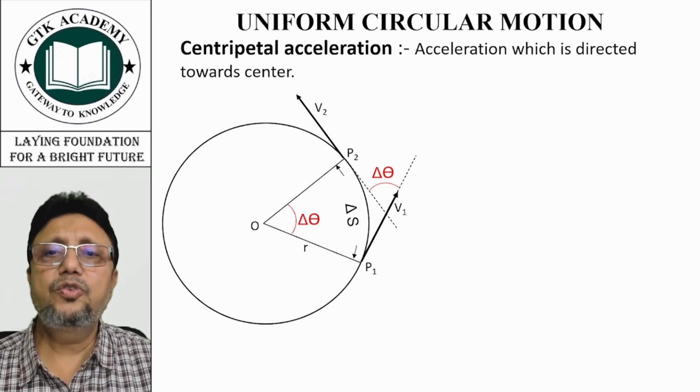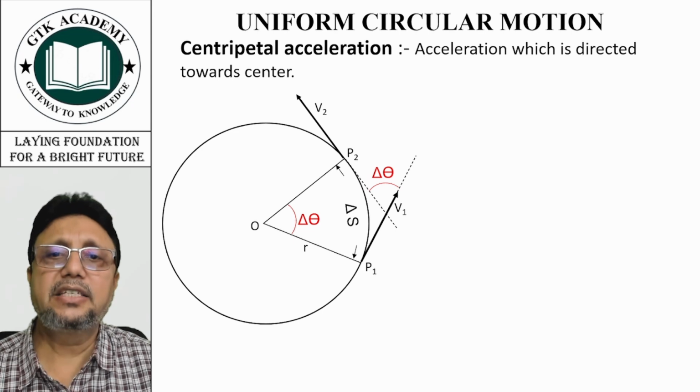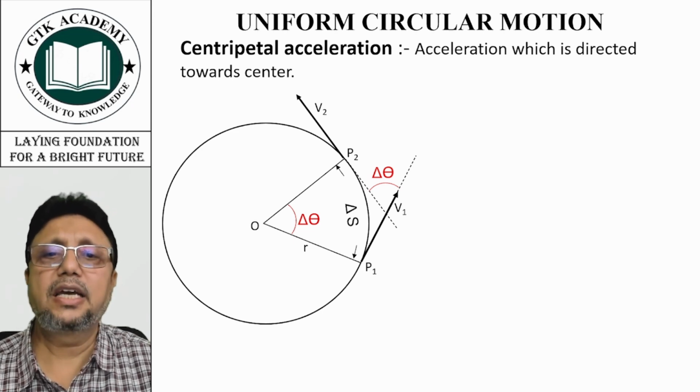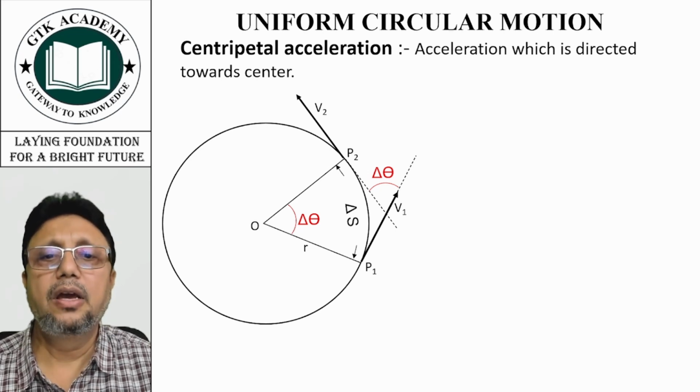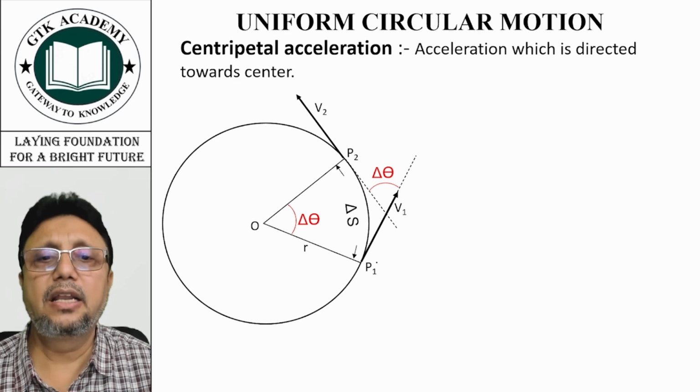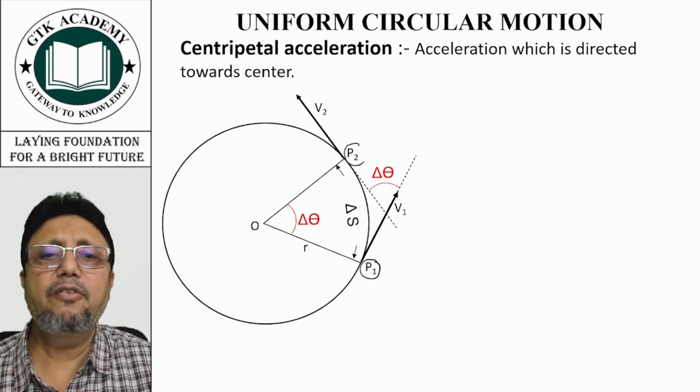Now, since we are finding acceleration, what is acceleration? Acceleration is change in velocity upon time. Now, if we want to find the acceleration from P1 to P2, which will be the average acceleration, then what we have to do is subtract V1 from V2.